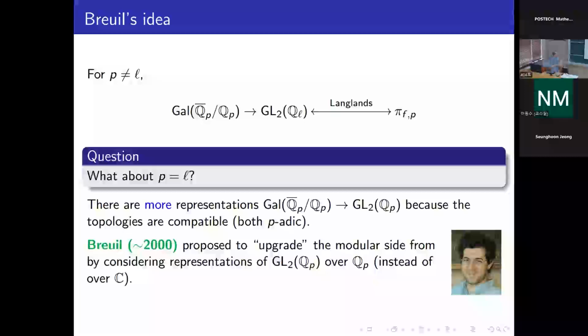And so Breuil was the one who tried to explain conjecturally what we should put on the right-hand side. His idea was to upgrade this and allow also a more complicated representation theory on the right-hand side.